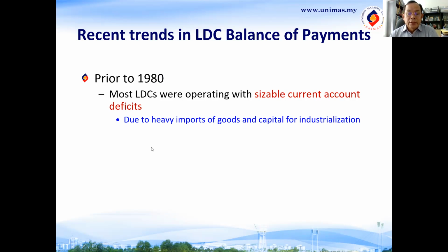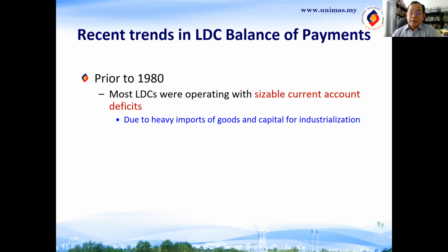This is due to the heavy imports of goods, ya, banyak membeli barang ataupun mengimport barang daripada luar negara, and not only goods but also capital, modal untuk industrialisasi. Remember, the goal of economic development, or one of the means to achieve economic development, is through industrialization.